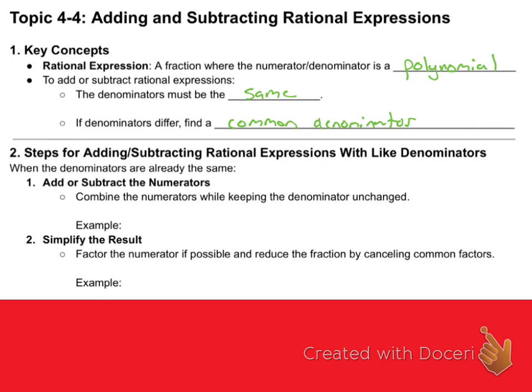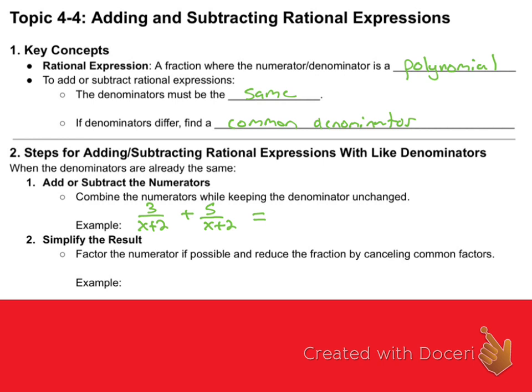Steps for adding and subtracting rational expressions with like denominators. When the denominators are already the same, we just have to add or subtract the numerators. So, for example, 3 over x plus 2 plus 5 over x plus 2. The denominators are the same.